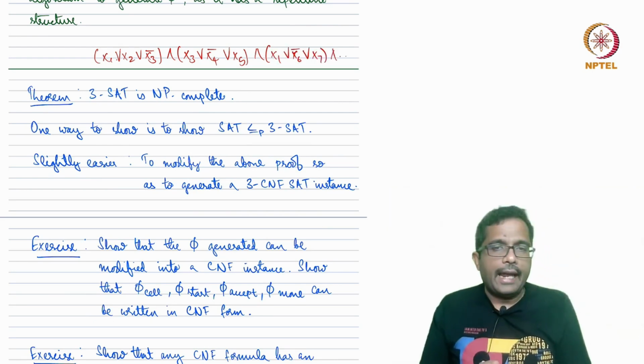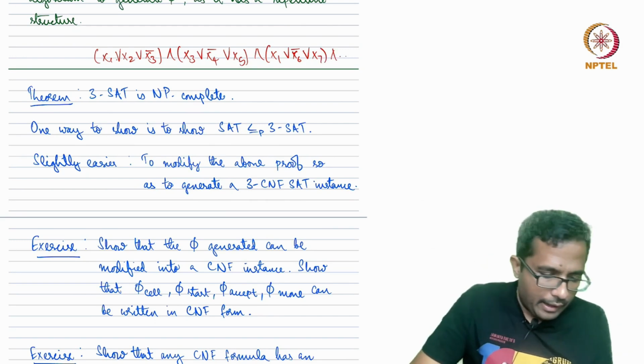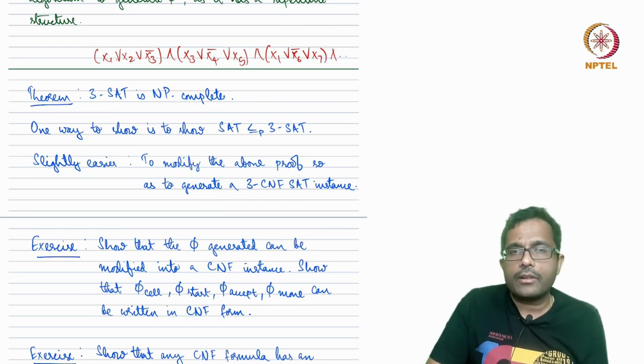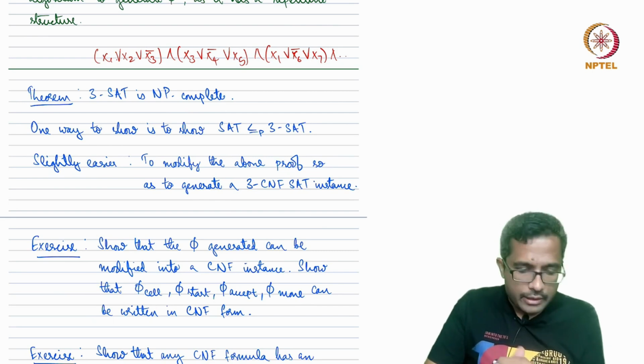It's an AND of clauses where every clause is an OR of exactly 3 literals. So this is NP complete.